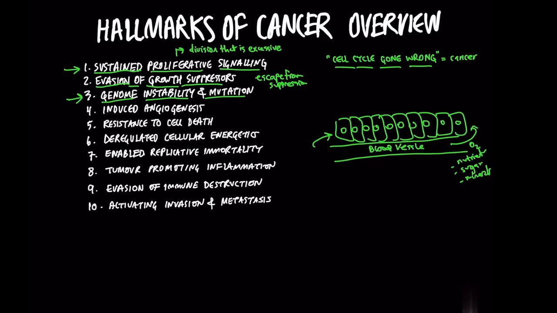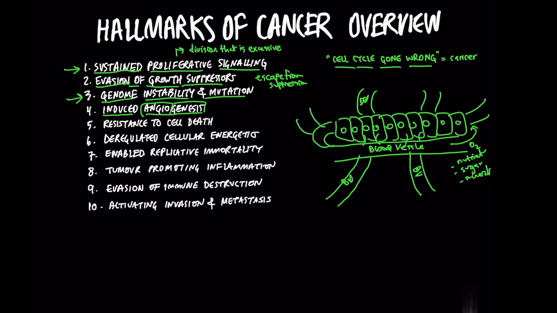Now, if you have induced angiogenesis, angio as in the blood vessel, genesis, the making of those blood vessels, and we have too much, so lots of branching, and let's say another blood vessel forms, there is a lot of supply, so we get lots of nutrients, oxygen, sugar, and minerals.